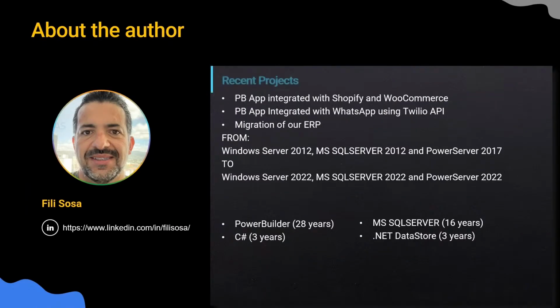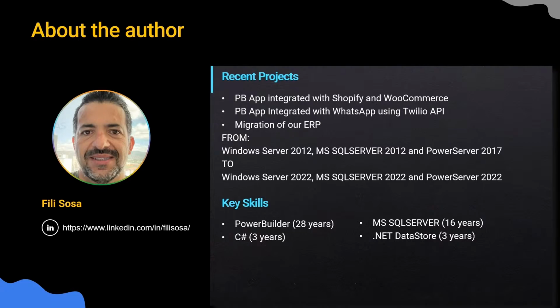About myself, my name is Fili Sosa, and in my recent projects, we integrated our PowerBuilder application with Shopify and WooCommerce to allow our customers to sell online. Also, we integrated our PowerBuilder application with WhatsApp using the Web API.